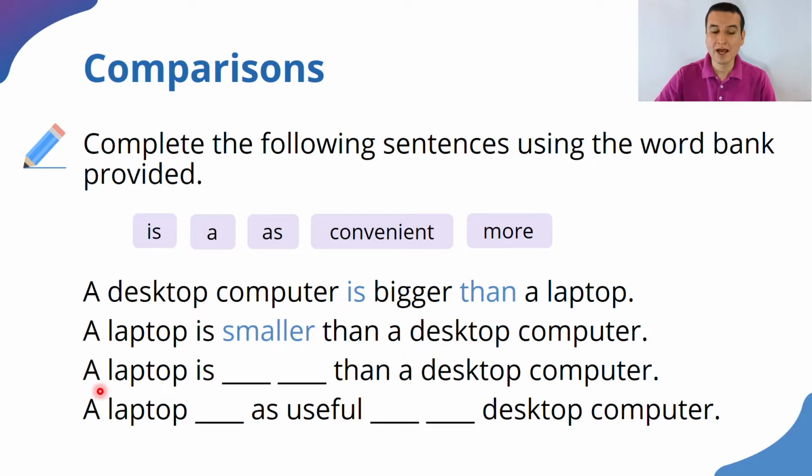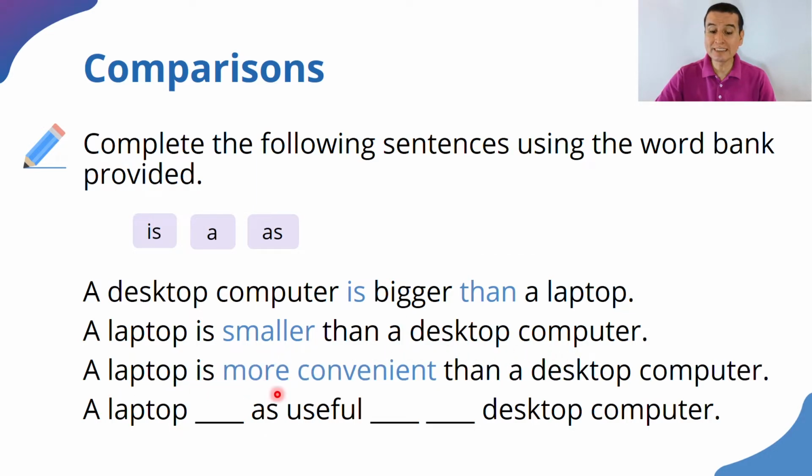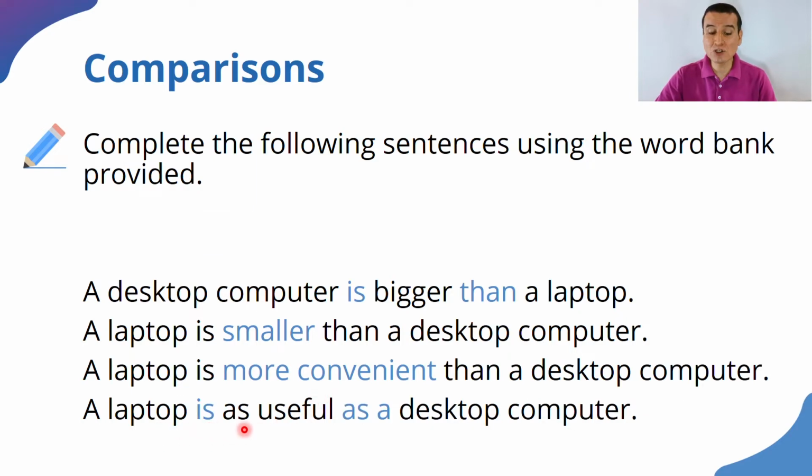The next one, a laptop is more convenient than a desktop computer. All right, more convenient goes there. The next one, a laptop is as useful as a desktop computer. We have 3 blanks to complete there, and those are the answers. All right, I hope you have them all correct.